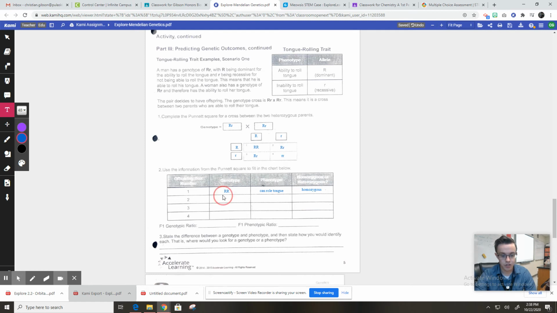Over here, their genotype is heterozygous, capital lowercase. It's a phenotype. Well, remember, ability to roll your tongue is dominant, and even if you have that recessive trait there, the dominant overtakes the recessive. So their phenotype is they can still roll their tongue.